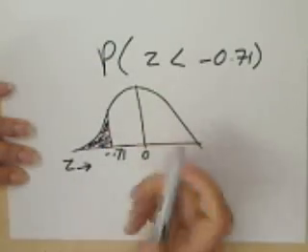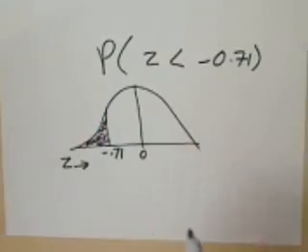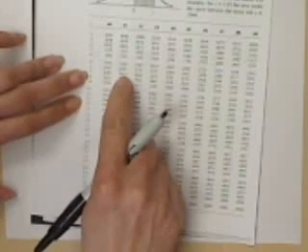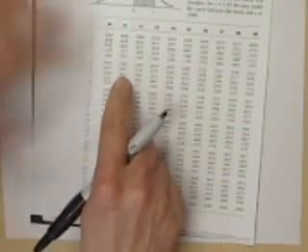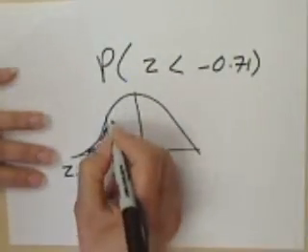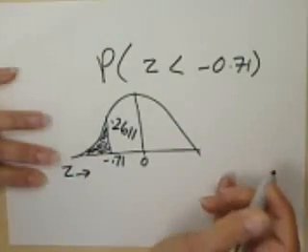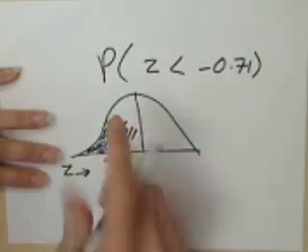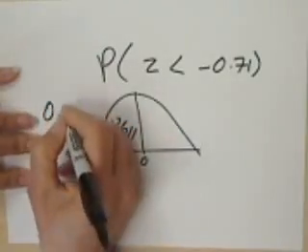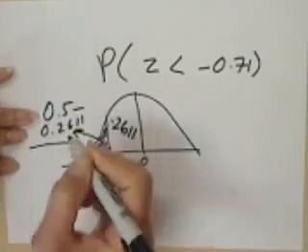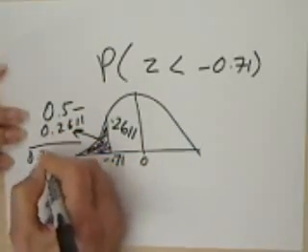So I need to use the table to find 0.71 on the z-axis. I see a reading of 0.2611. My knowledge of that table tells me that this area is 0.2611. So this shaded area would be 0.5 minus 0.2611. So the answer is 0.2389.